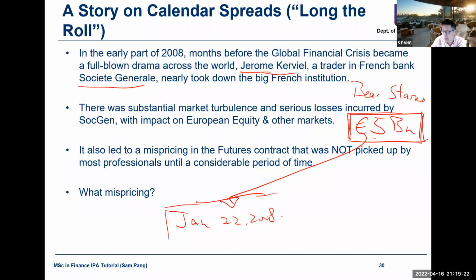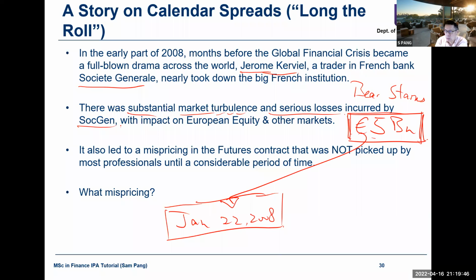So this is the background. Another crazy trader causing a lot of losses to their bank. There was substantial market turbulence, and there were serious losses. And of course, the stock price of SocGen went down the toilet.